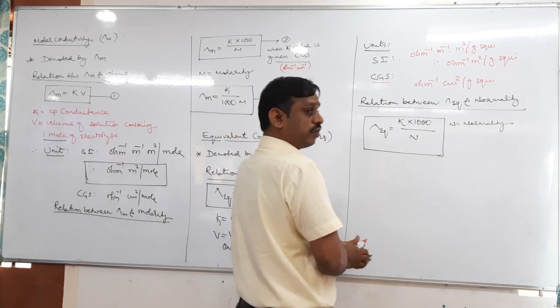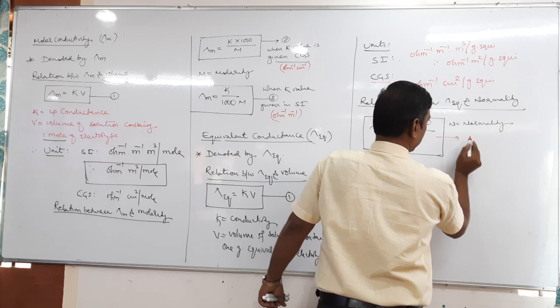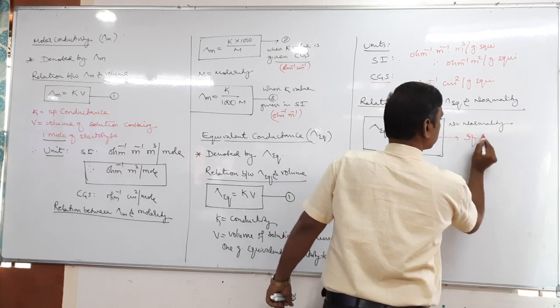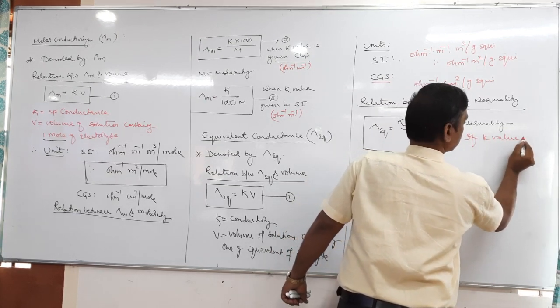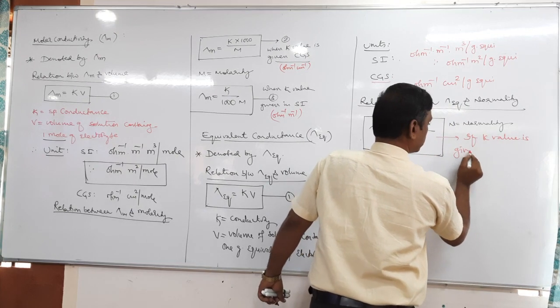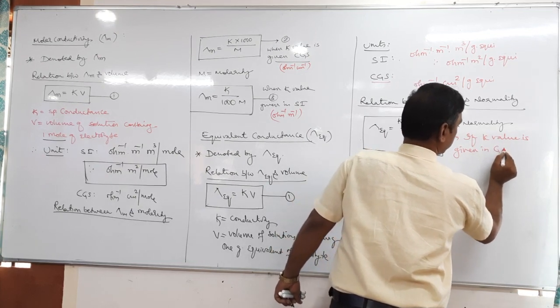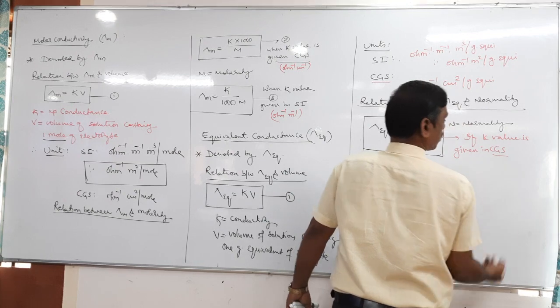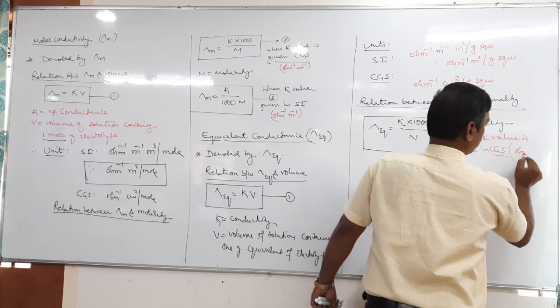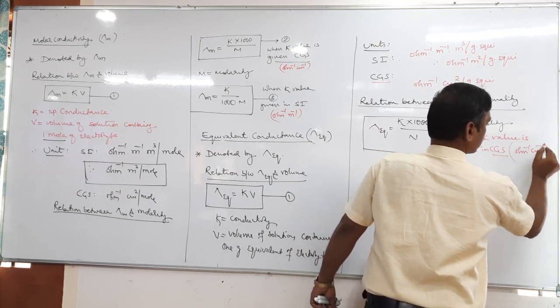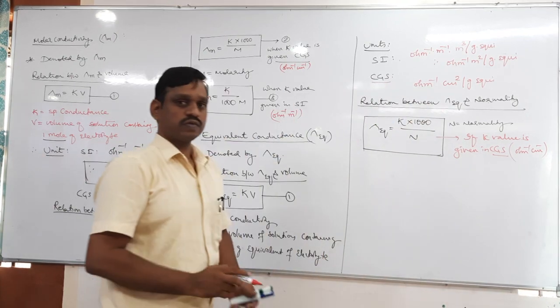When can this formula be used? If the K value is given in CGS, that is, it should be ohm inverse, centimeter inverse.